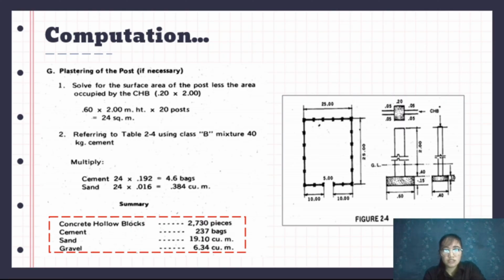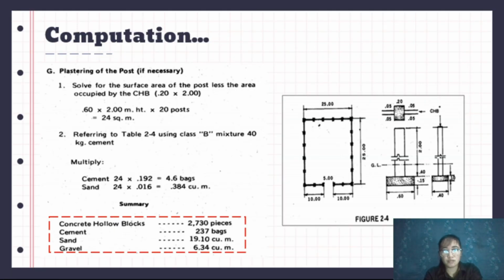Then plastering again. For the surface area occupied by the CHB, which is 0.20 times 2, 0.60 times 2, the height of the 20 posts, the area will be 24 square meters.